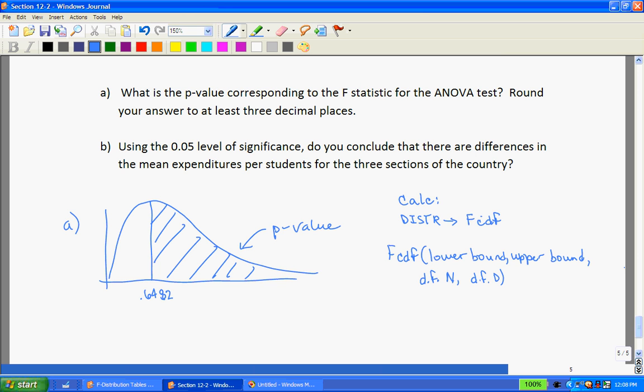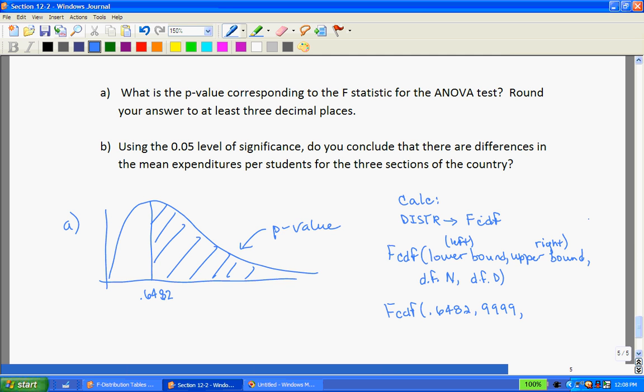For me, lower bound and upper bound, I think of this as left and right, if that makes it easier for you. So in your calculator, once you have that FCDF on your screen, our left bound would be 0.6482, the F value that we have. But because I'm going into the tail, and the tail continues forever, that's infinity, so you want to use a really large number like 99999.